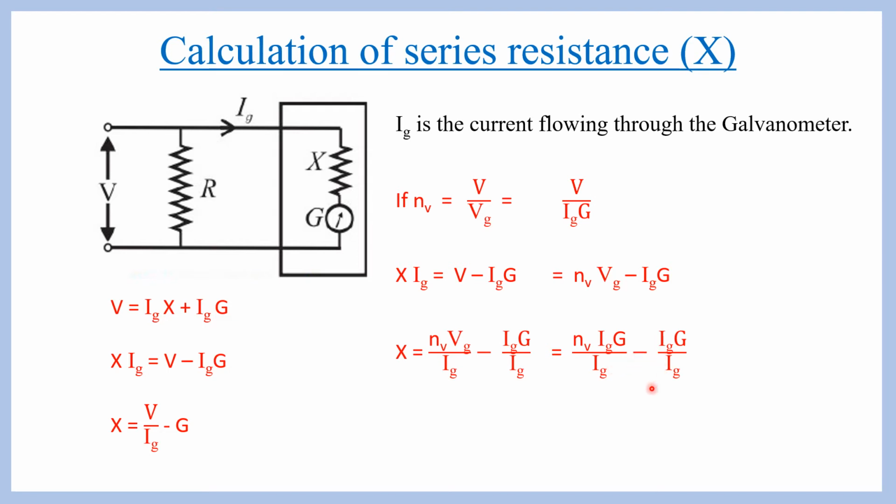That term gets cancelled and the final expression will be X is equal to G into (N_V minus 1). You get this expression for the series resistance to be connected in series with the galvanometer to convert that galvanometer into a voltmeter whose voltage measuring capacity is increased N_V times. So that is the expression.